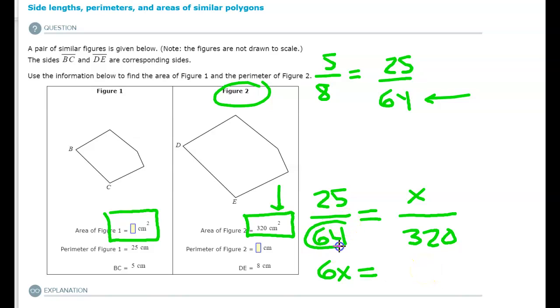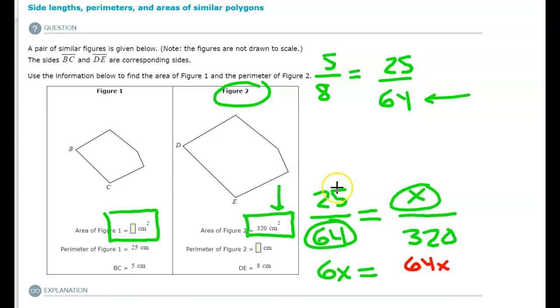So here when I cross multiply it, I don't know if I said 64 or 6x. I just realized that I wrote down 6x. So let's fix that, you guys. I'm going to change the colors here, make it a little bit easier for you guys to see. So we'll go ahead and do 64x.